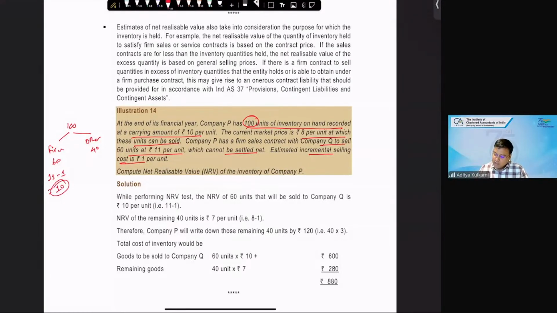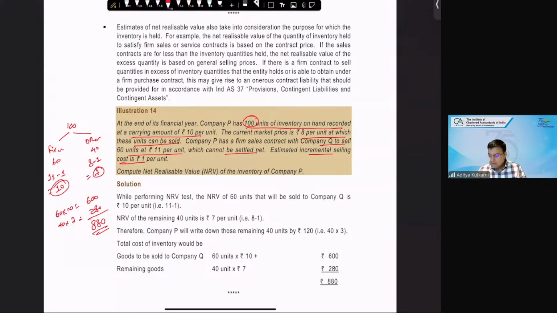For 40 units, it will be current market price 8 minus 1, 7. So total value of the inventory will be 60 into 10, 600, 40 into 7, 280, 880.